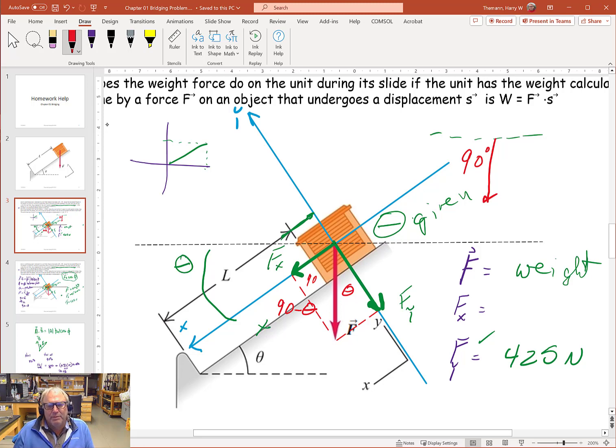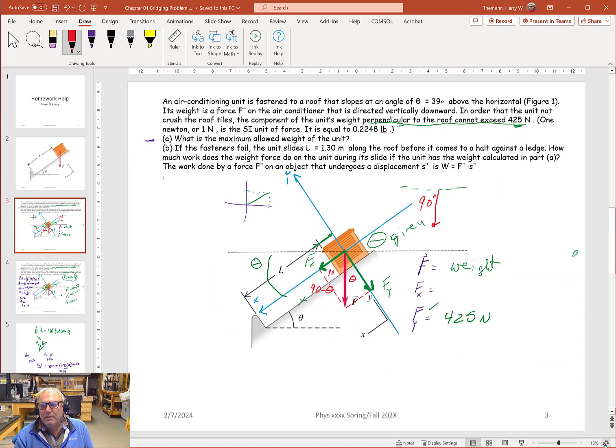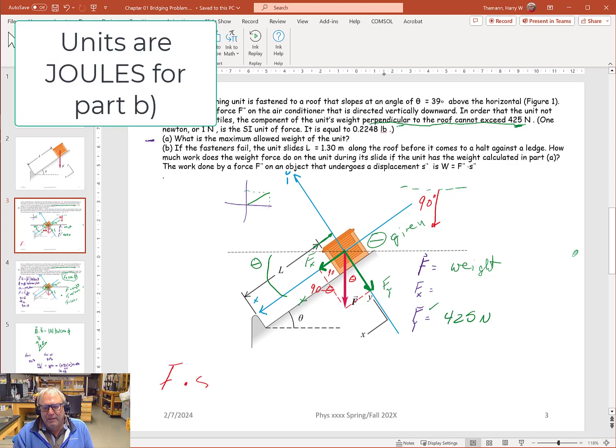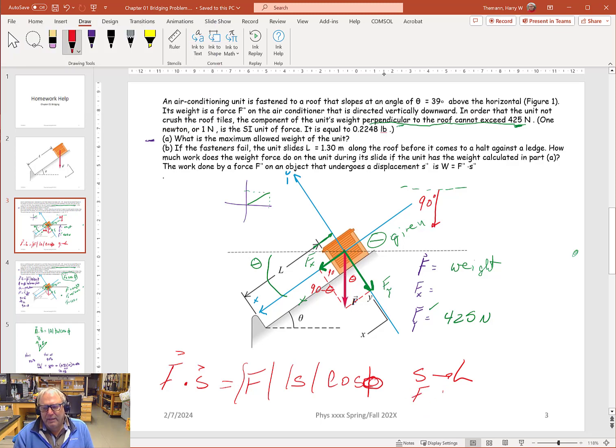Now, part B is that you've got to remember that F dot S equals F magnitude, S magnitude, times the cosine of, we'll call it phi, the angle between F and S. Now, in this case, your S is L, and then F is from part A. And the angle between F and S, or L, is on the drawing there.